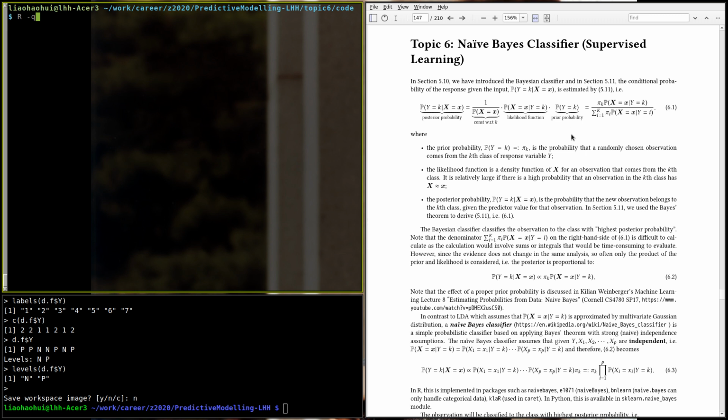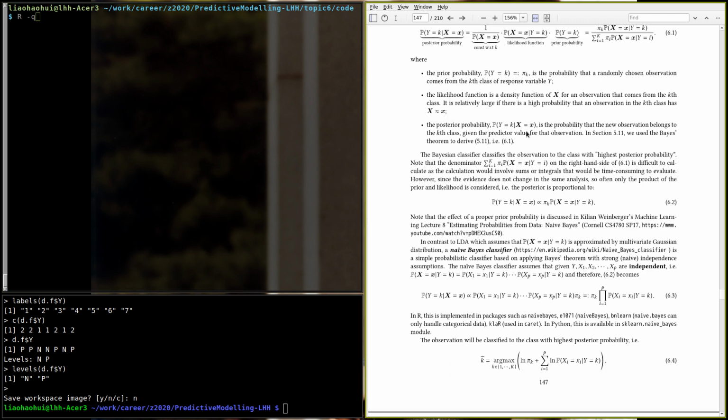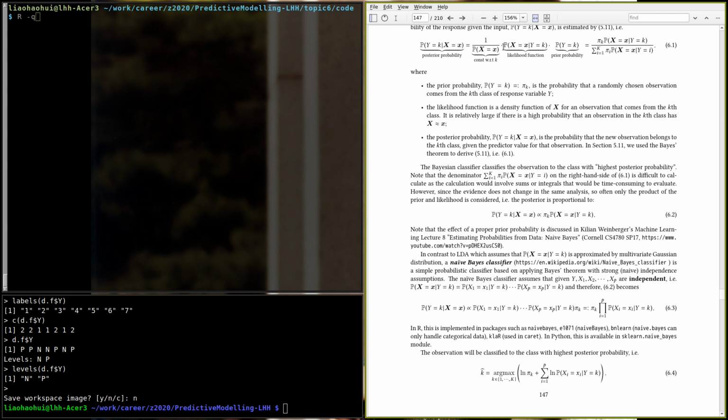This is similar to the idea used behind linear discriminant analysis. The main difference is this likelihood function, which I also call a conditional probability.